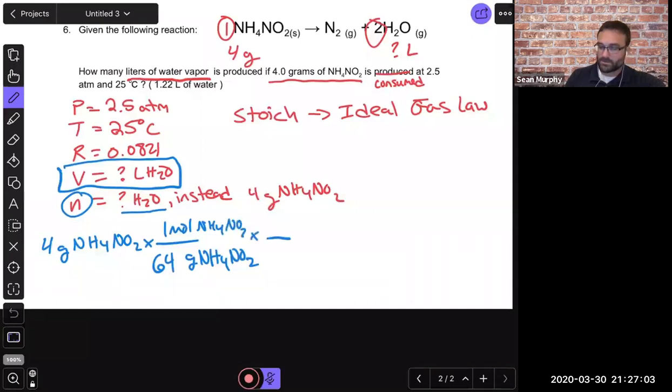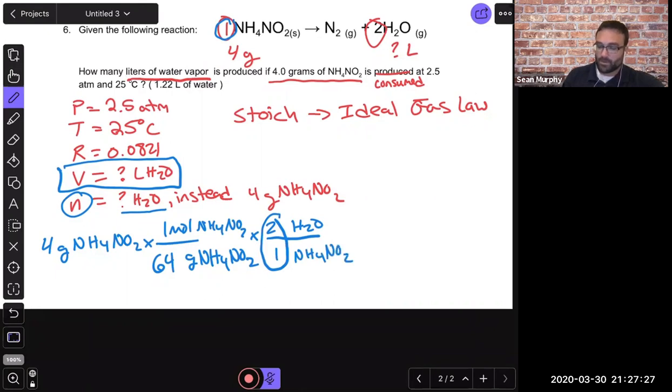All right, let's do a mole to mole ratio. We know that we have a 1 mole of NH4NO2, and then we know that there are 2 moles of water for every 1 NH4NO2.